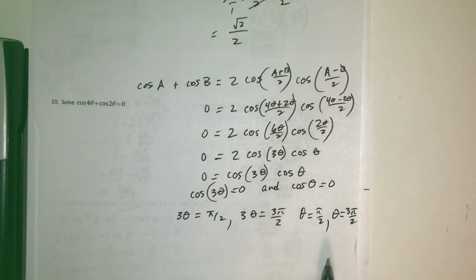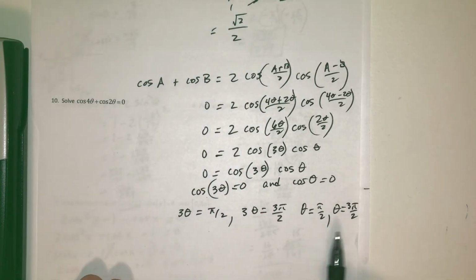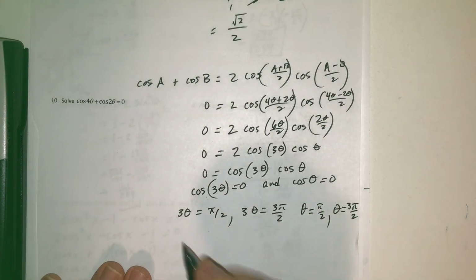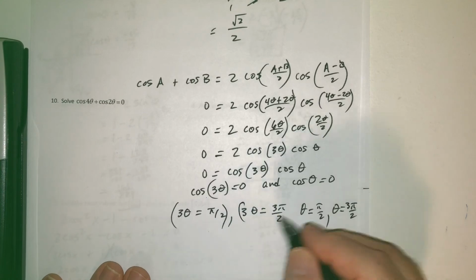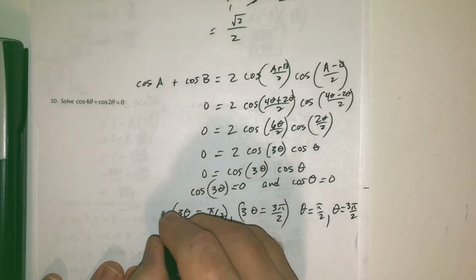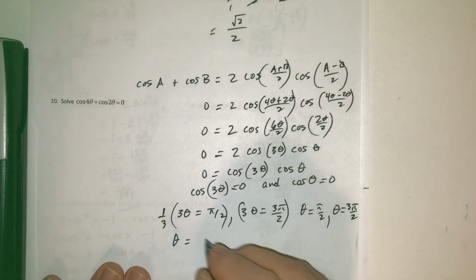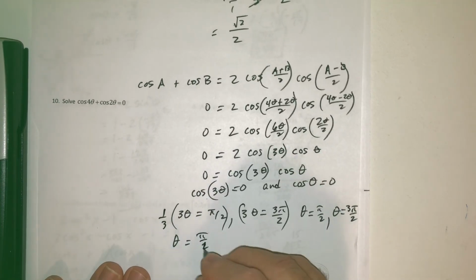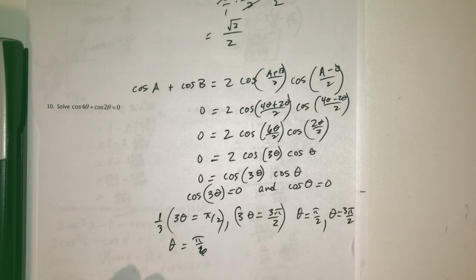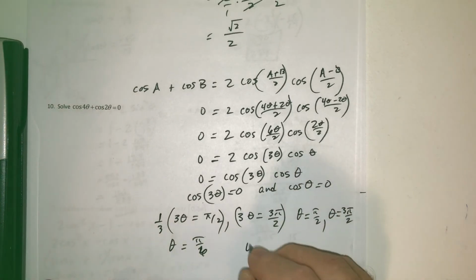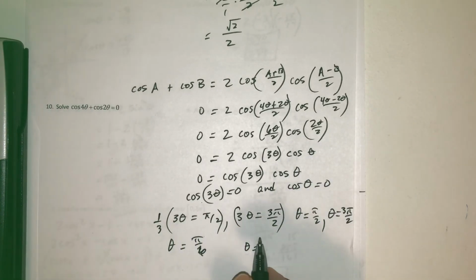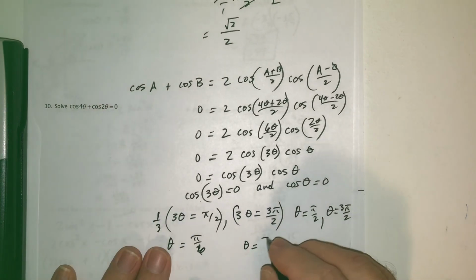Now when we solve, we get those right there. But here we're going to have to multiply each of these two equations by 1/3. That would give us theta is equal to pi over 6. And this one would give us theta is equal to pi over 2.